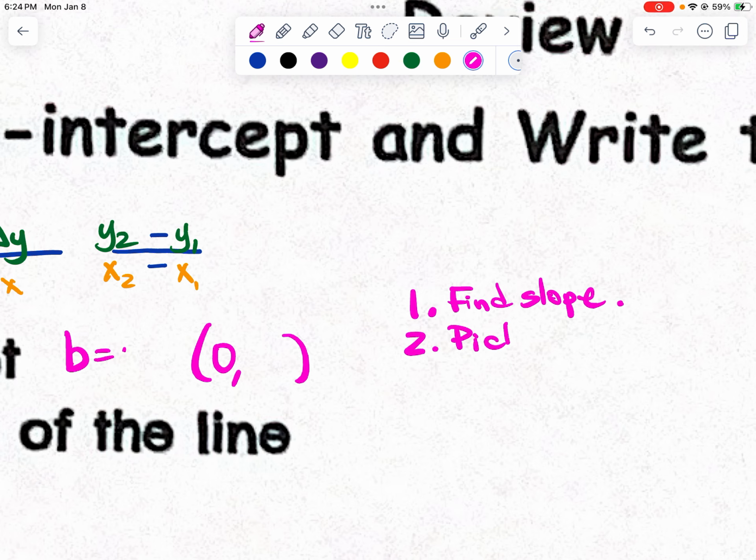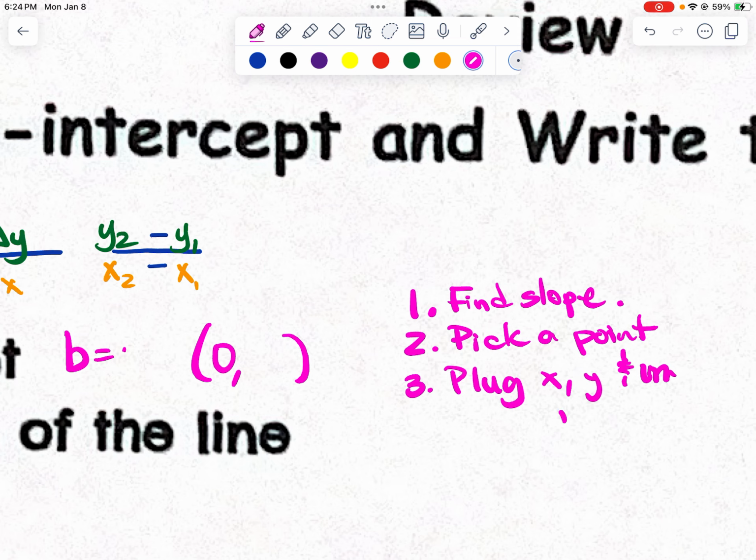Pick a point. Plug x, y, and m into y equals mx plus b. Solve for y. Solve for b.